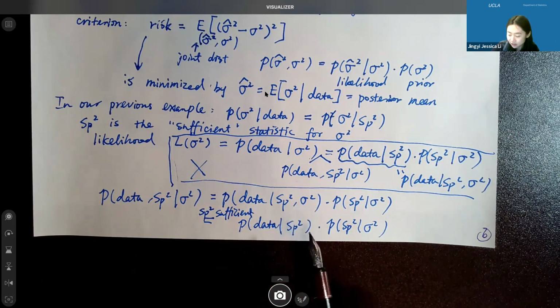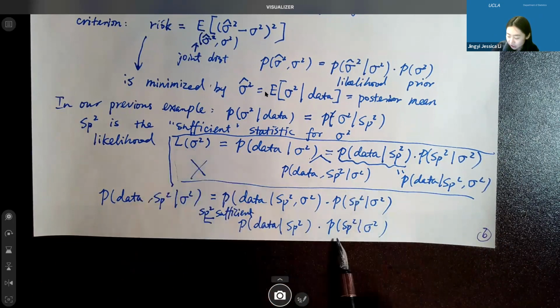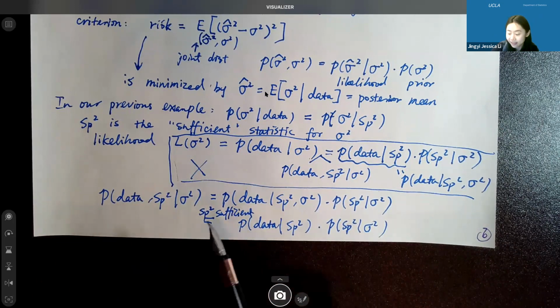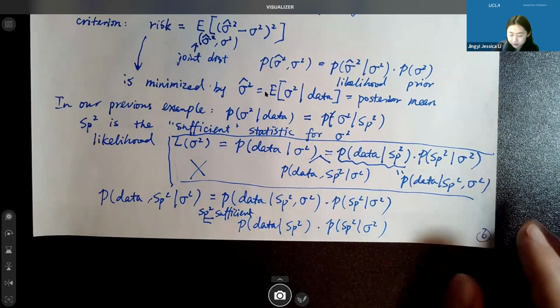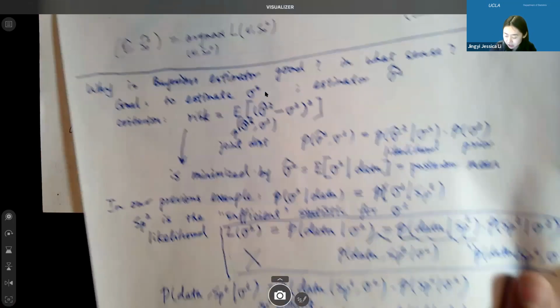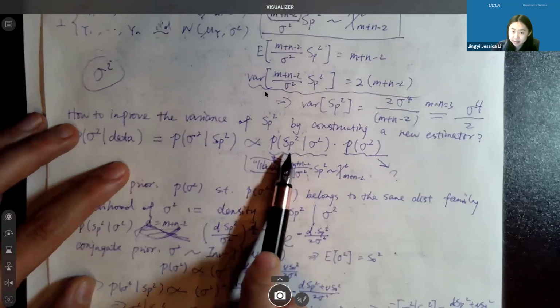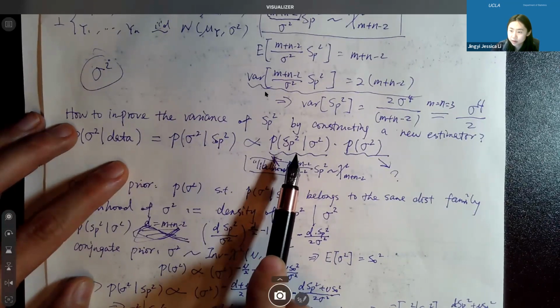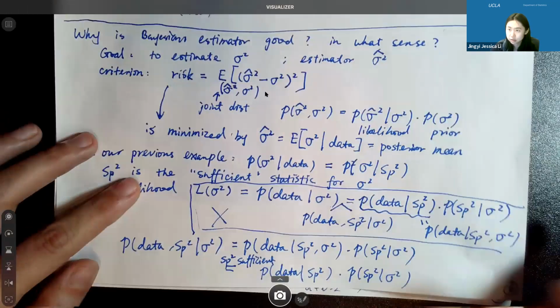With this, when I write the likelihood, I just need this term because this is the only term that involves sigma square. I don't need the data anymore. And that's exactly what we did in the previous example. As a reminder, when we write it, we are treating this as the likelihood, so the likelihood is purely based on S_p squared only. We don't use other data. Okay, so that's the sufficient statistic.